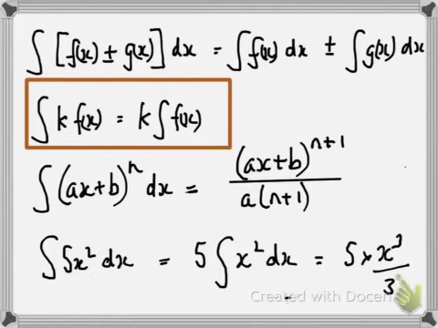So that would equal 5x cubed on 3. So when you've got a constant out the front of a function like that, that 5 can pop out the front, and we use that all the time when we're doing integration.